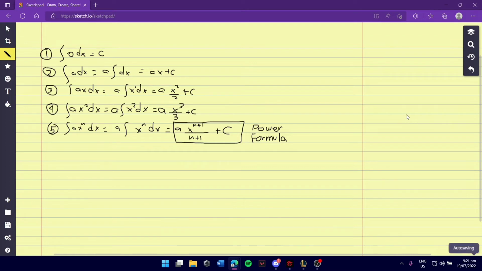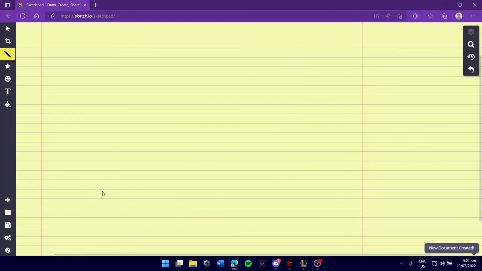Okay, next we will go to our examples. Our first example here, we have the integral of 5x cubed dx. According to our formula, first we factor out the constant, which is 5, times the integral of x cubed.